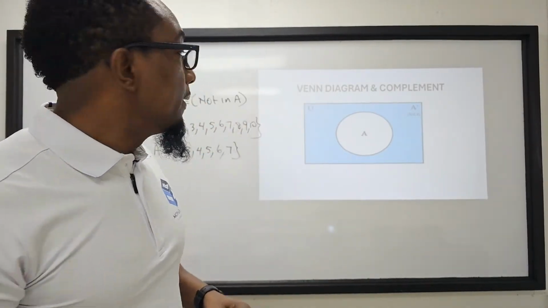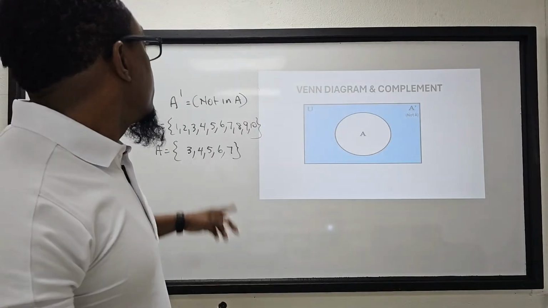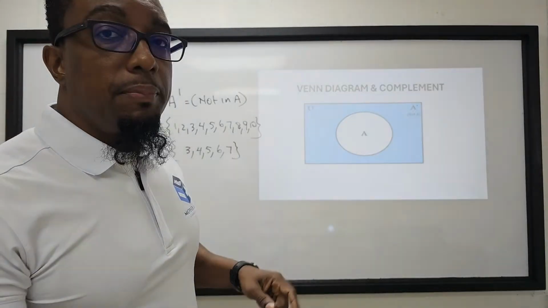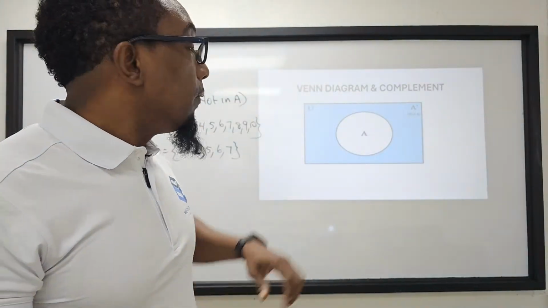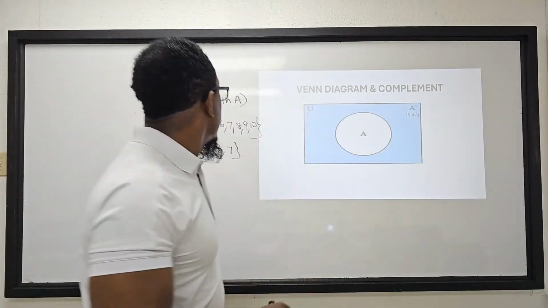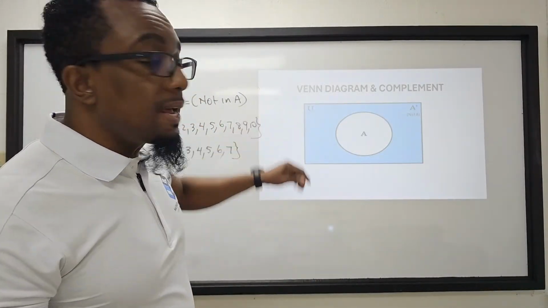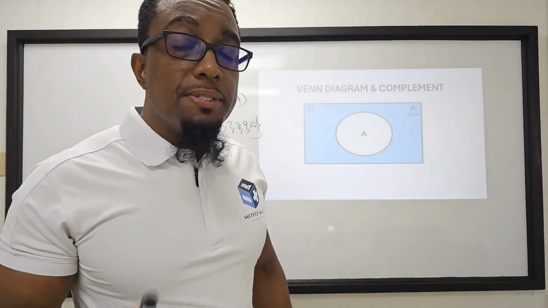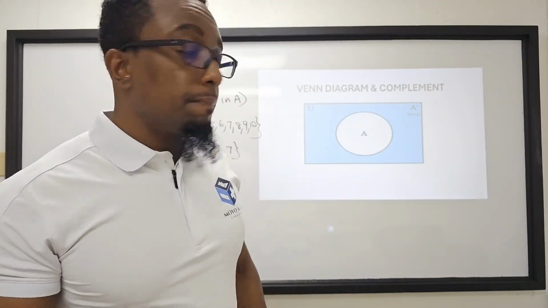and they ask me to represent that information shown on a Venn diagram, then clearly the universal set will be all elements of the given set. So we expect all elements from 1 to 10 to be placed within that Venn diagram, but the elements are going to be strategically placed.